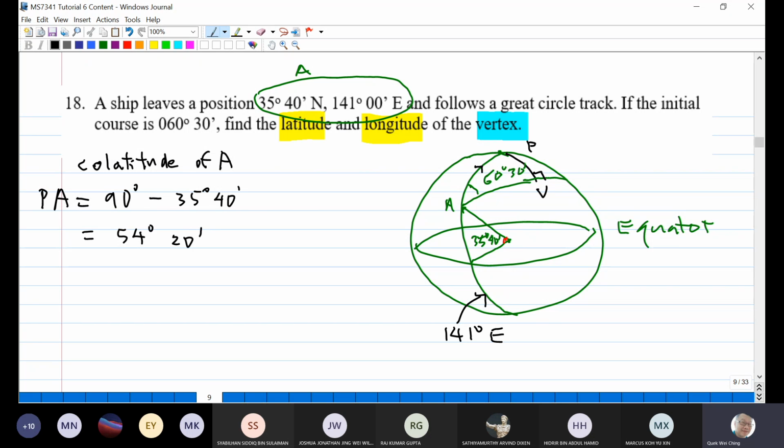Let's draw the Napier's wheel here first. I'm going to the next page to draw it. You know that PA is 54 degrees 20 minutes.